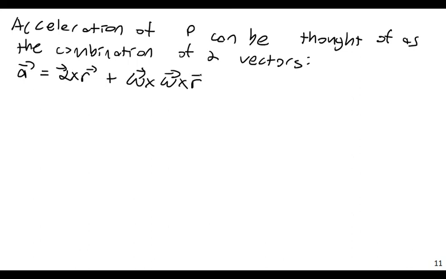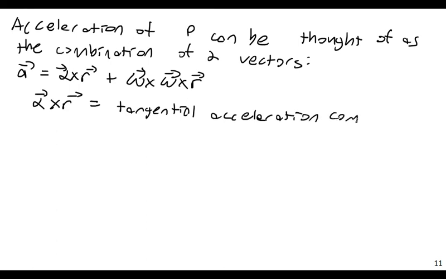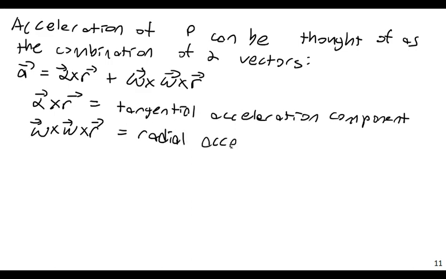Lovely. And alpha cross r is the tangential acceleration component, and omega cross omega cross r is the radial acceleration component. So this is not an alpha, this is an A. This is the overall acceleration of the particles.